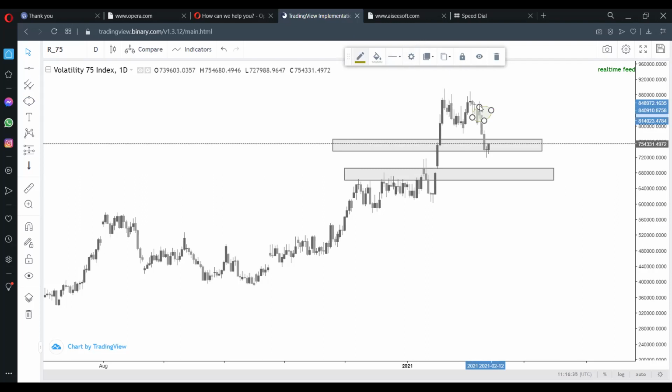I sold VIX 75 around here, that's last week. Yeah, I sold here and I took my profit around this area.